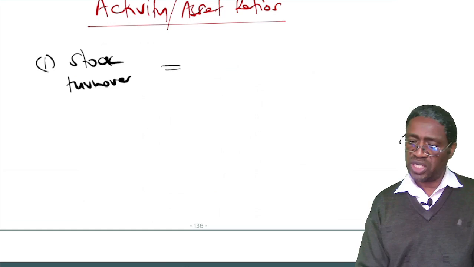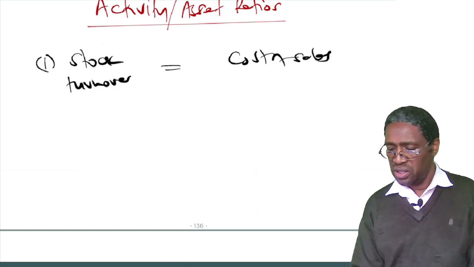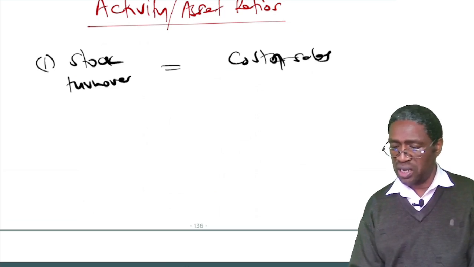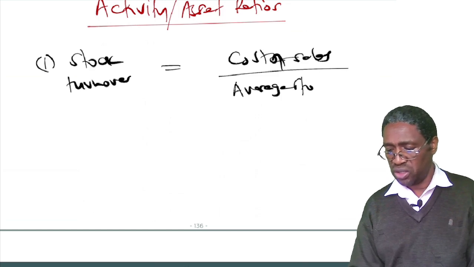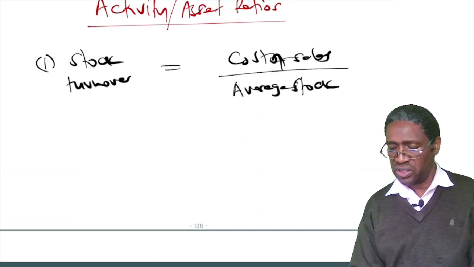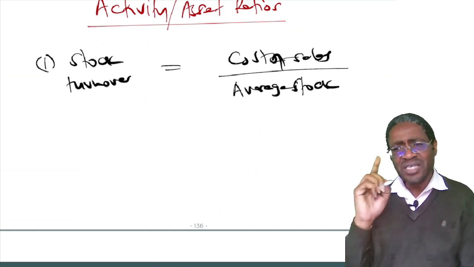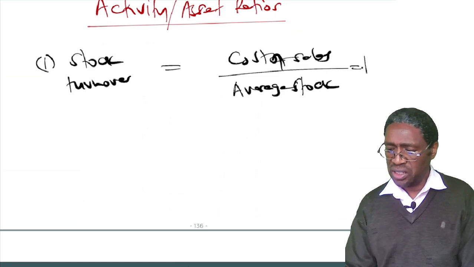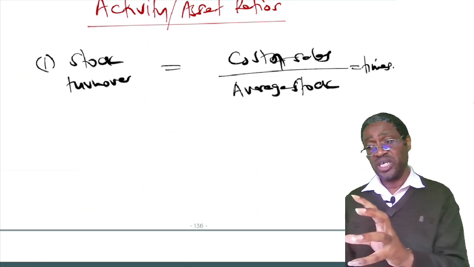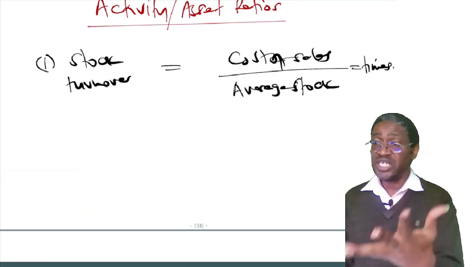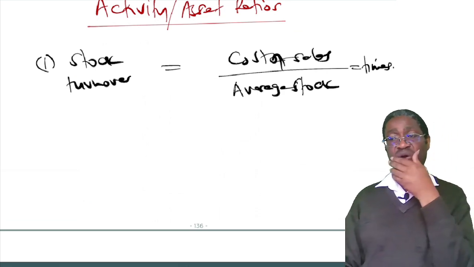And to get the stock turnover, we shall be getting it by taking the cost of sales, whatever is your cost of sales as a company, and we divide that by what we call the average stock. Take the cost of sales, you divide that by average stock. Listen, whatever answer you get should always be expressed in terms of times. It could be 2 times, 3 times, 4 times, and so on.